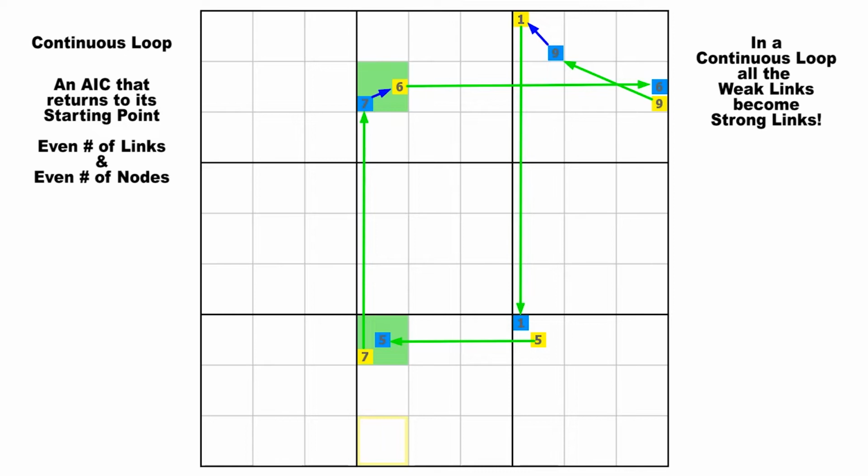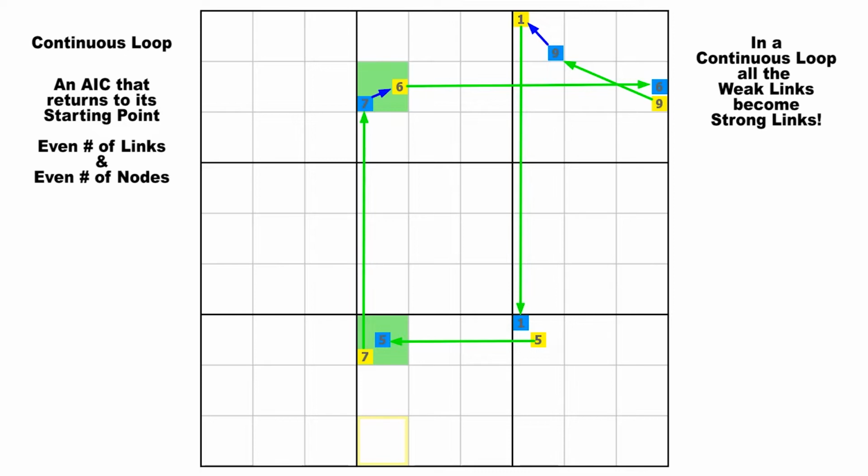And the weak link between the two 6s in row 2, if you eliminated that weak link, then those two 6s would be the endpoints of an XY chain, which would mean you could eliminate every other candidate 6 from row 2. Now, when you have an open-ended AIC Type I with two freestanding endpoints that do not see each other, you know that one of those two endpoint candidates has to be true.